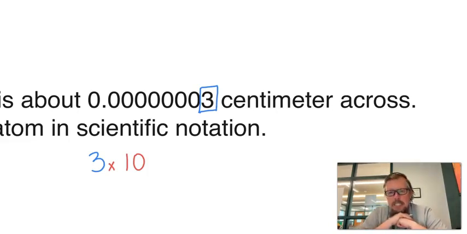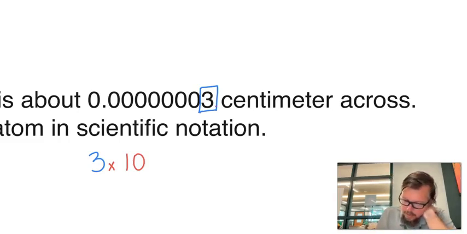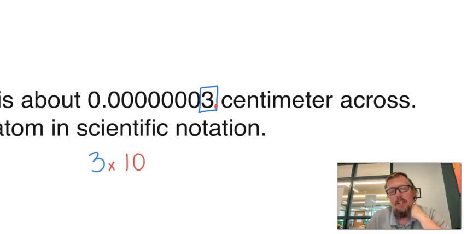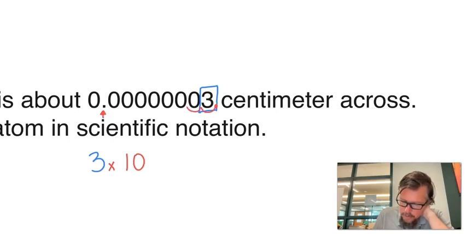Now the power is how many times would we have to move the decimal to get from where it is after the 3, where we put it at the end of the 3 so that we had the whole number 3, to where it was originally in the number right there after the first 0. How many times do we have to move the decimal? So let's count. We'd have to move it 1, 2, 3, 4, 5, 6, 7, 8.